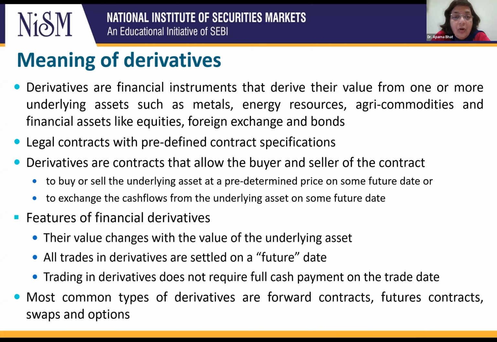The reason they are called derivatives is that their value is derived from changes in the value of the underlying asset. So if the value of the underlying asset rises or declines, then accordingly the value of the derivative will also rise or decline. All trades in derivatives are settled on a future date. So derivatives are contracts to do something in the future.